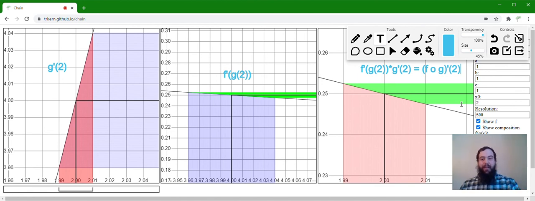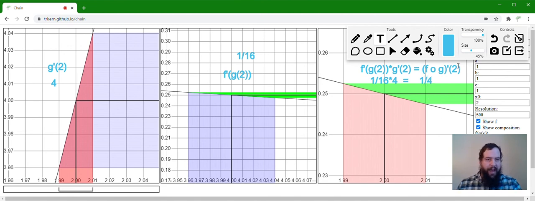And g prime of 2 in this case was equal to 4. F prime of g of 2 we decided was equal to 1/16. And so this multiplied gives us 1/16 times 4, which is equal to 1/4.